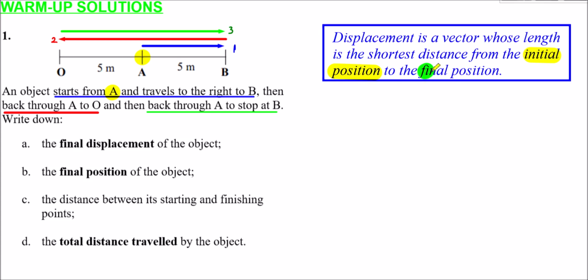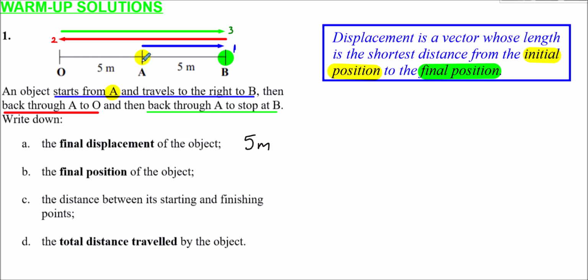The final position, because it stops at B, the final position's here. So it started at A, and it's gone to B, and so therefore the final displacement is going to be 5 meters to the right. So it's going to be a positive 5 meters.